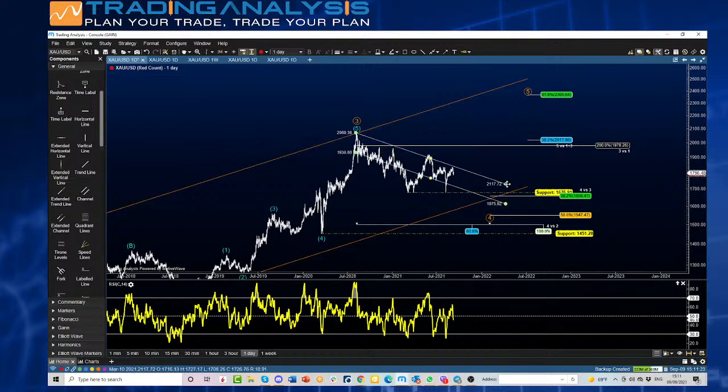We can also see this kind of a nice parallel channel. Maybe we will start consolidating towards this. Maybe we're going to break a little bit higher and then go back and that correction finished. We don't know this at that moment, and I don't think anybody can tell you really, because I think this correction is still not finished.